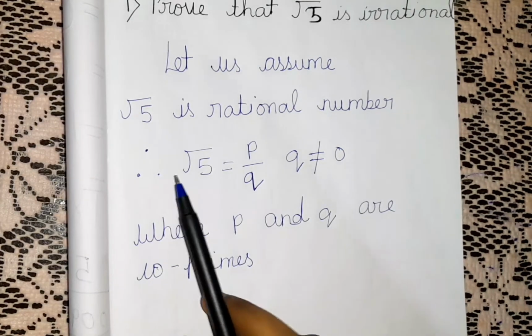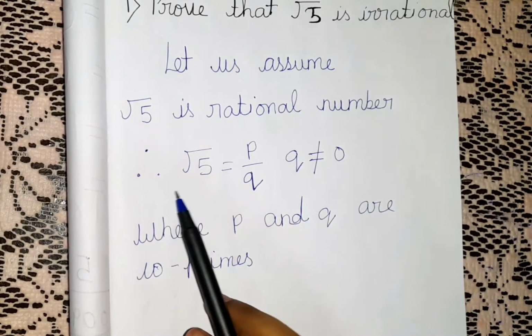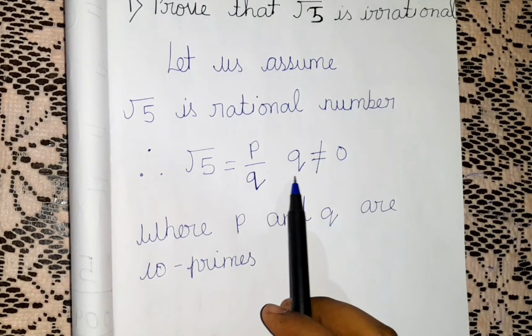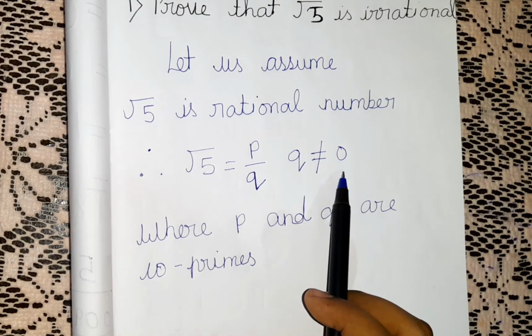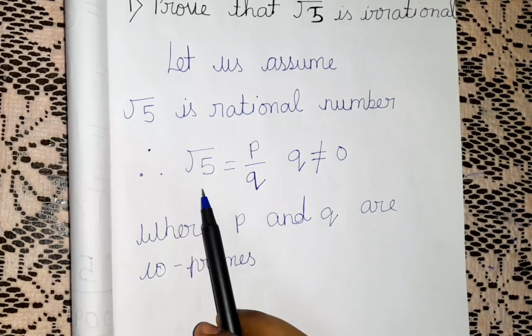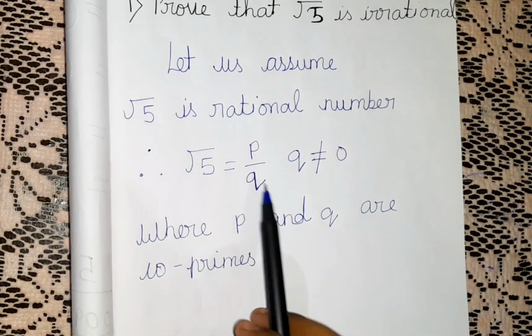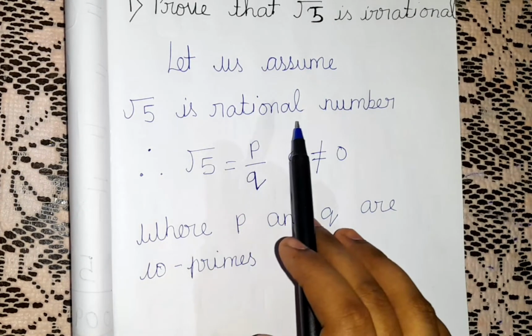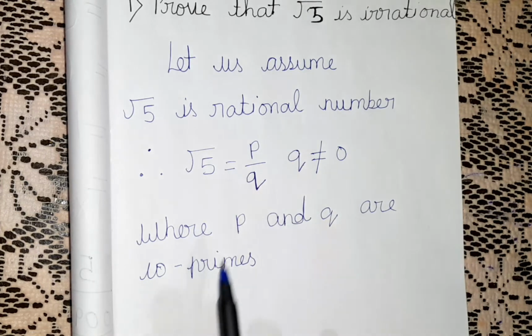Now we wrote, therefore root 5 is equal to p by q, where q is not equal to 0. Why did we write this? First of all, we wrote root 5 as it is, and we wrote p by q because we assumed root 5 as a rational number. Rational number means it is in the form of p by q, where q is not equal to 0.